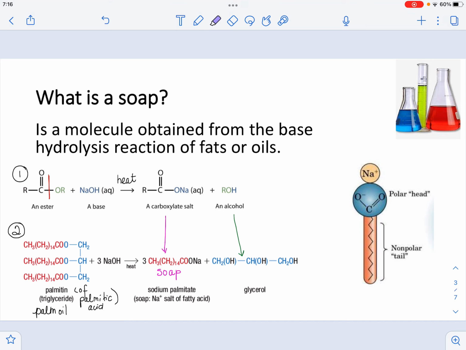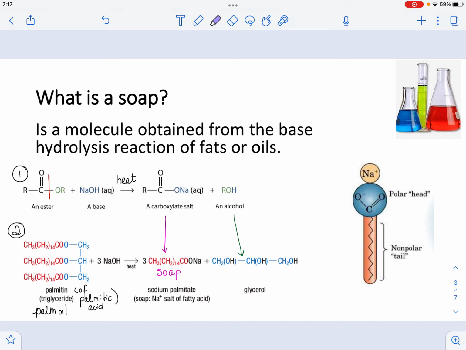Because remember that as we discussed previously, when it comes to triacylglycerols or triglycerides, which is the other word that we utilize, they are composed of glycerol and fatty acids coming together to make those ester bonds. So when we break them apart, then we have that carboxylate salt and that glycerol molecule.